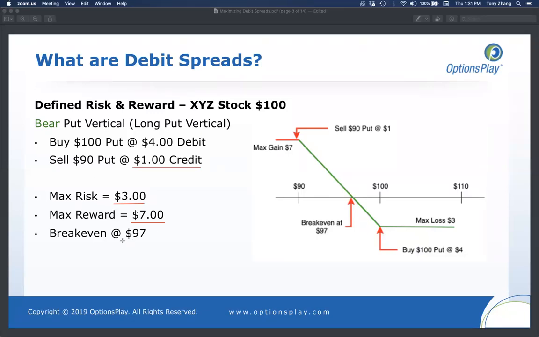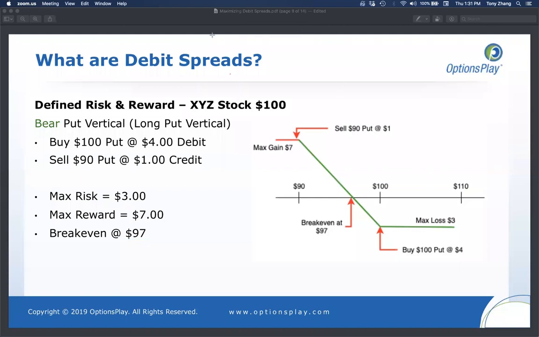And what I've done is I've made myself a better break-even price. So the stock does not need to move as far in order for this strategy to be profitable. Now, if that makes sense to you, please type 5 into the chat window. Great. Okay, I see a lot of 5s.